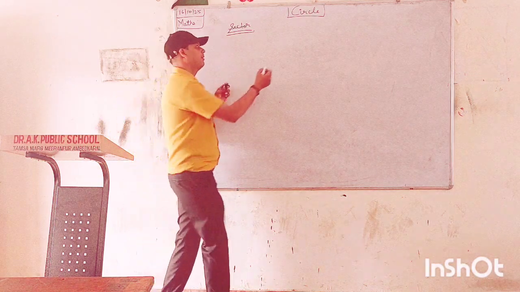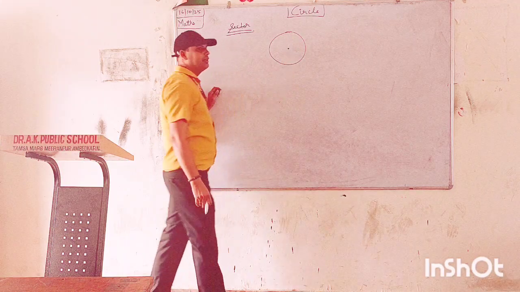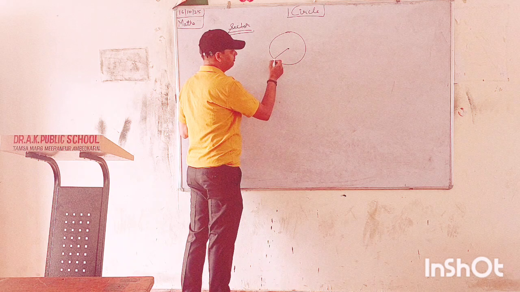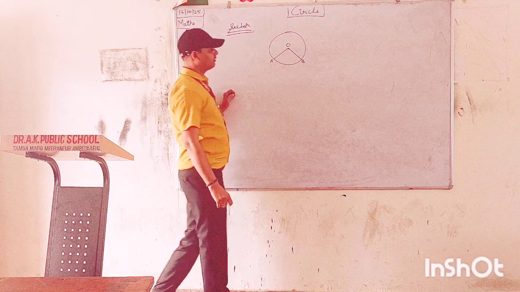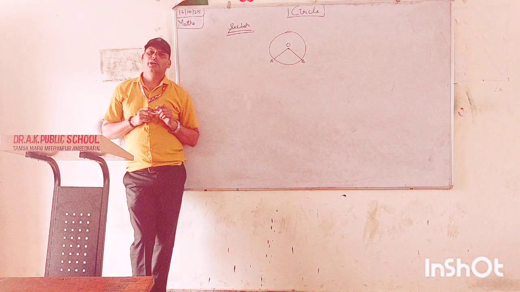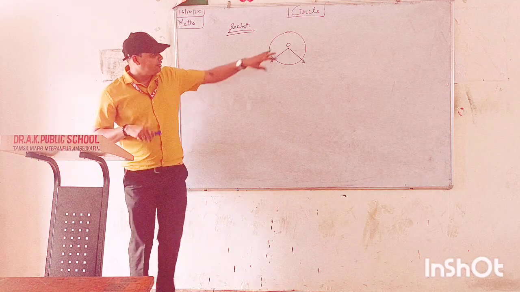Listen. If this is the center of the circle, then OA and OB are the radius of the circle, correct?